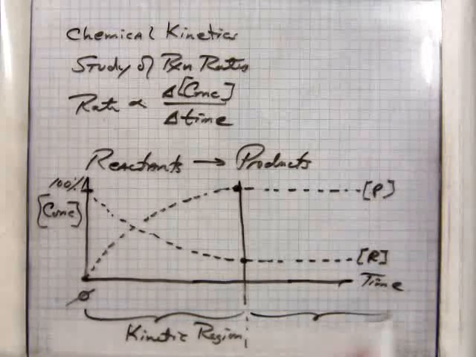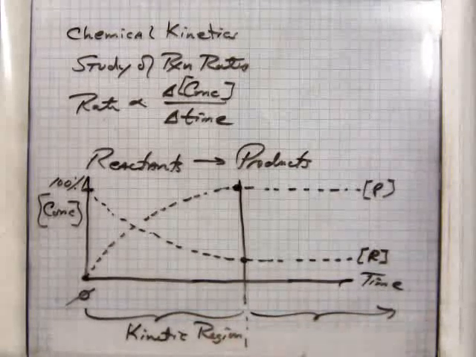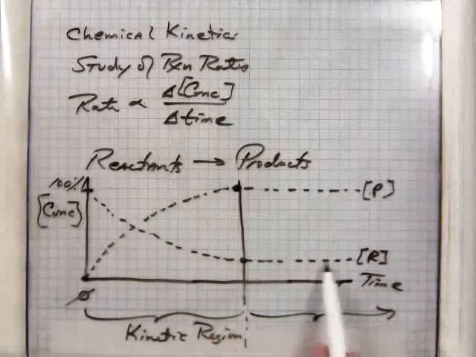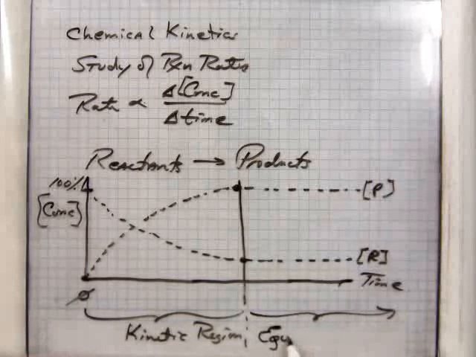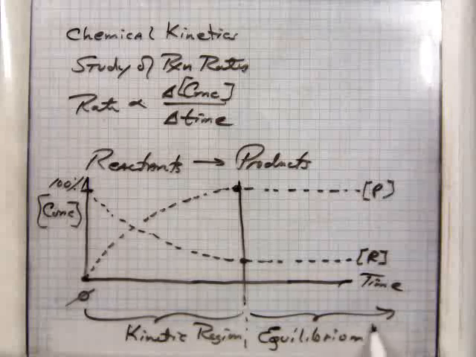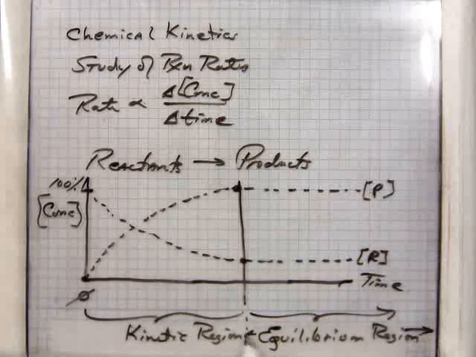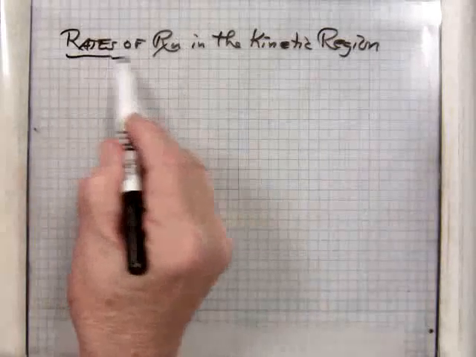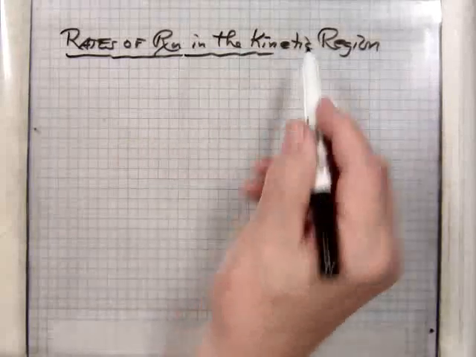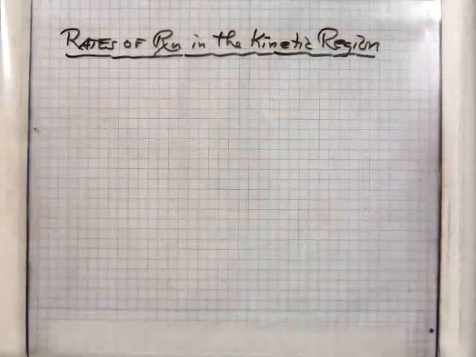And the equilibrium region will be beyond that point and includes all events where the slope of the graph is 0. That point on. His title is Rates of Reaction in the Kinetic Region of the graph we just drew.